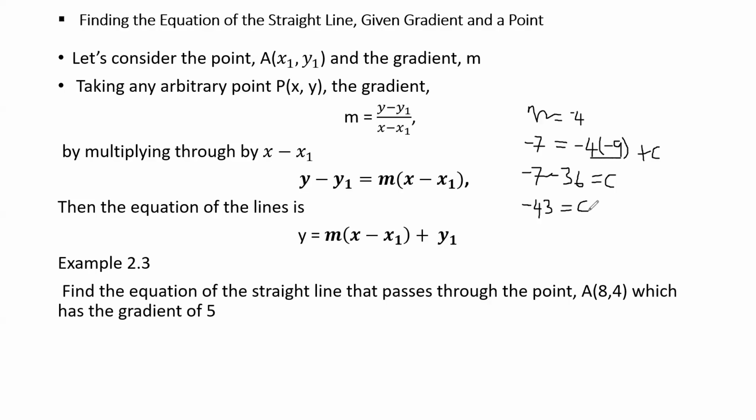Last week I gave everything to you: when negative and negative signs meet, they are cancelled, and so on. You should be careful with that one, so that you don't get the answer wrong. Therefore, the equation should be y equal to negative 4x minus 43. Yes, sir. That's what I had.